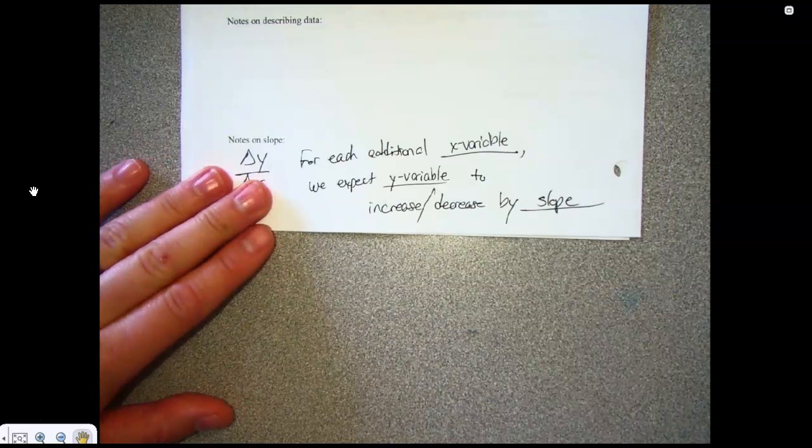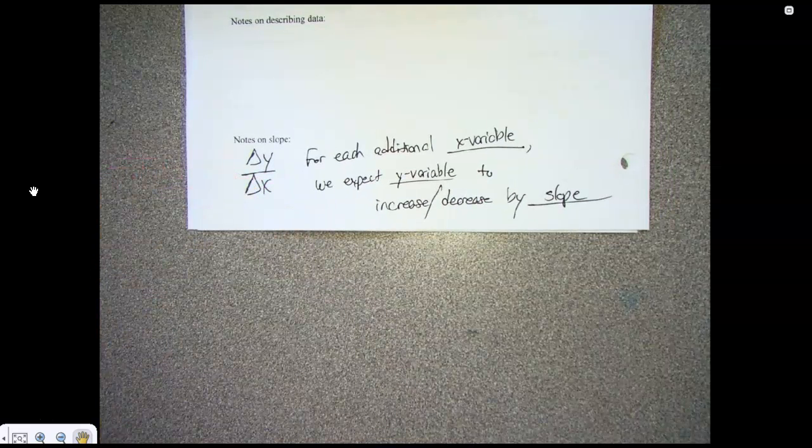So if you memorize that kind of template or outline, that would work. If you have your own way of thinking about it, write your own way in there. Looks like a lot of you are just copying my way of thinking. Totally fine. Just so you can look back at this page later and study, like, okay, this is what I did for slope, this is what I did for r squared, this is what I did for r, these different things.